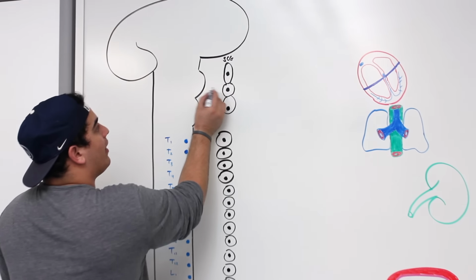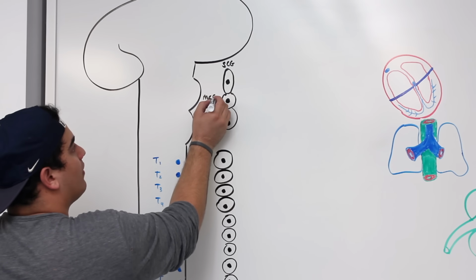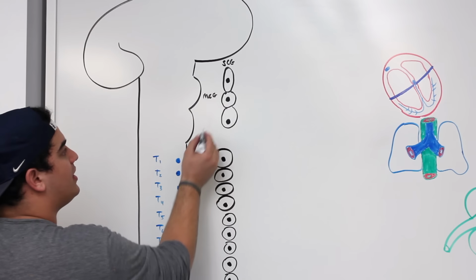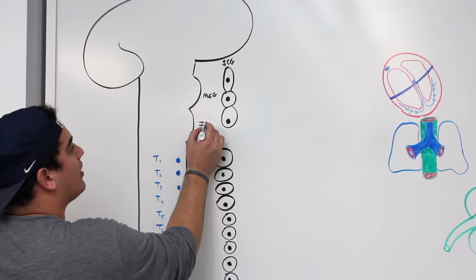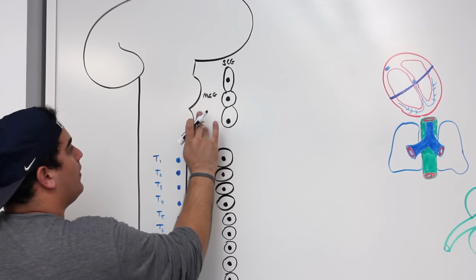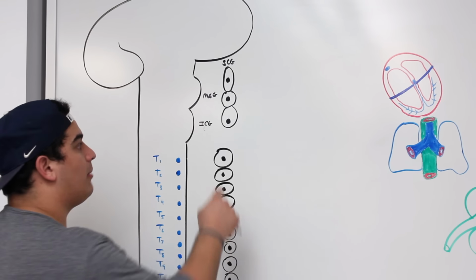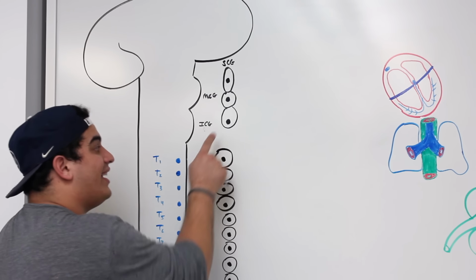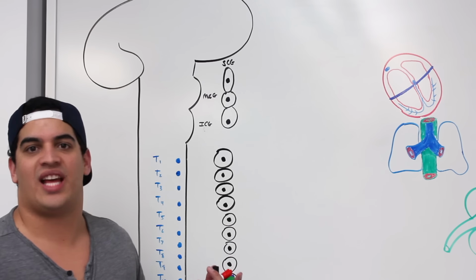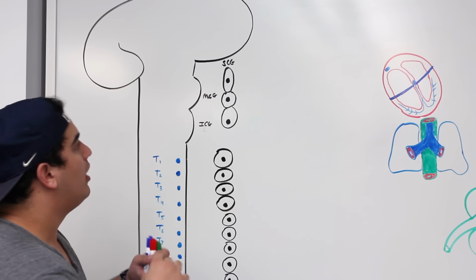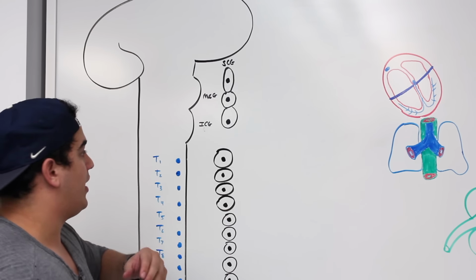You'll have another at this level, the middle cervical ganglion, MCG, and the inferior cervical ganglion, ICG. There's some variance in different people. Sometimes the inferior cervical ganglion is fused with T1, and they call it the stellate ganglion. Not super important, but I wanted you to understand the variance.